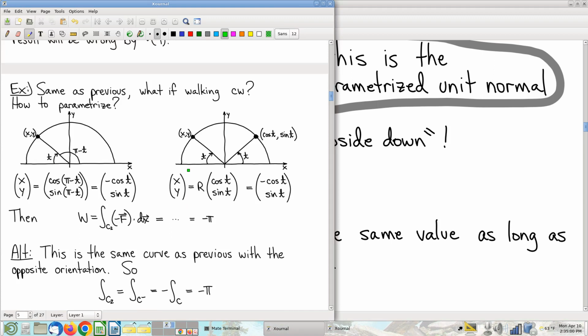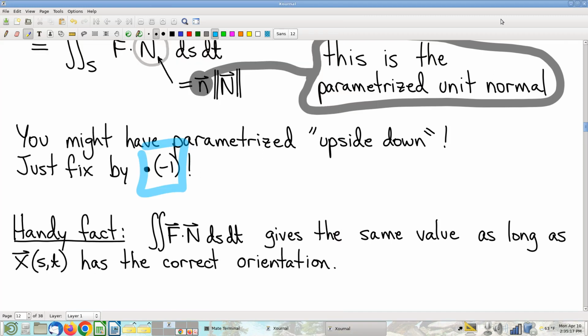Say, yeah, look, this curve is going the wrong direction from what I want, so I'm just going to insert a minus sign here, and go ahead and calculate as I've previously calculated, and take advantage of the fact that I know that going the wrong direction amounts to only a minus sign. And so we can do the same thing here.